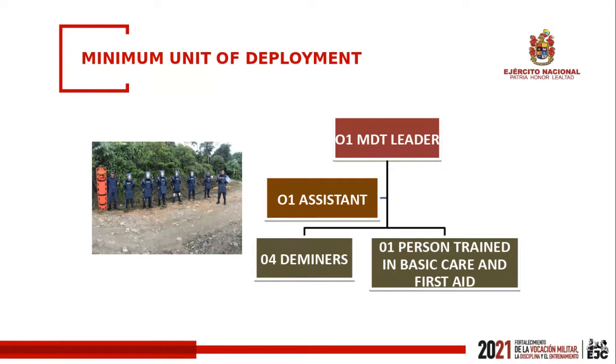He also has to notify the leader about the location of an anti-personnel mine or an explosive device or the elements that may indicate the possible presence of these artifacts. Then, on the order of the leader responsible for the task, he has to mark the boxes and the work panels.